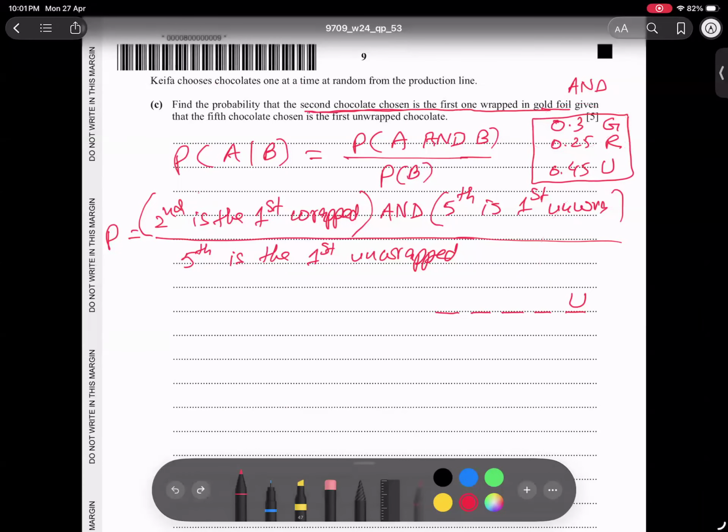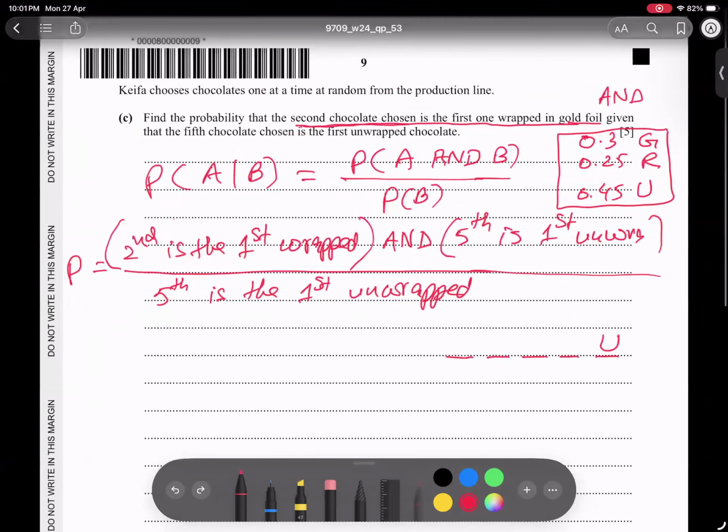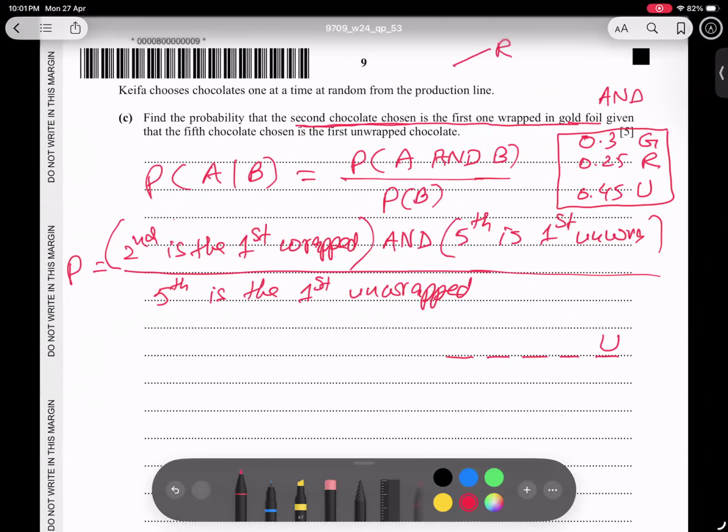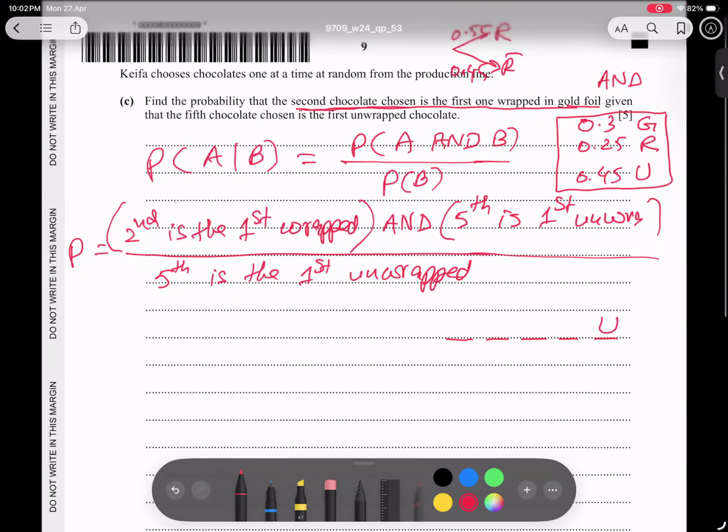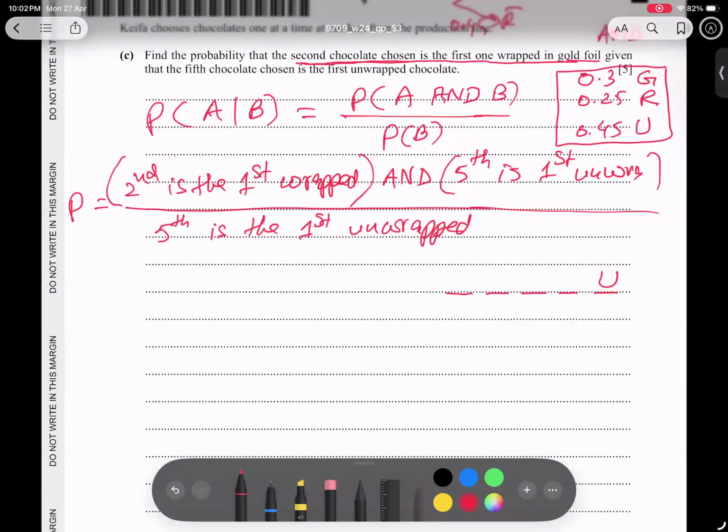And there are two kinds of wrapping. So if I make another plan from here, wrap or unwrap. Unwrap is very clear, we can say 0.45, and wrap I can say 0.55. I talk about conditional probability. So what is the probability that the fifth is a first unwrapped?